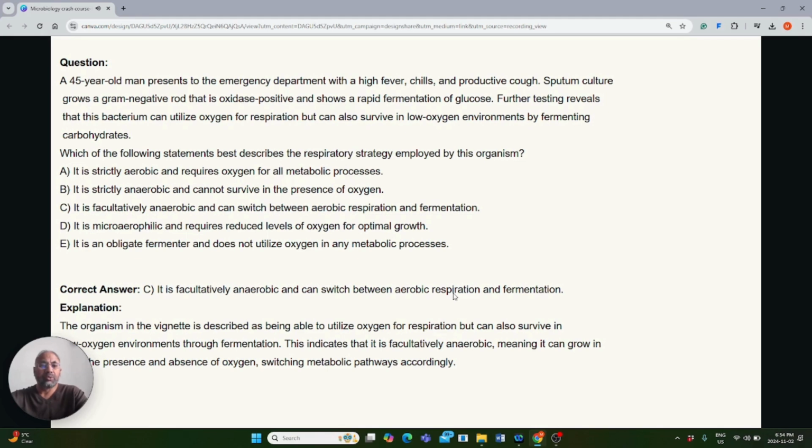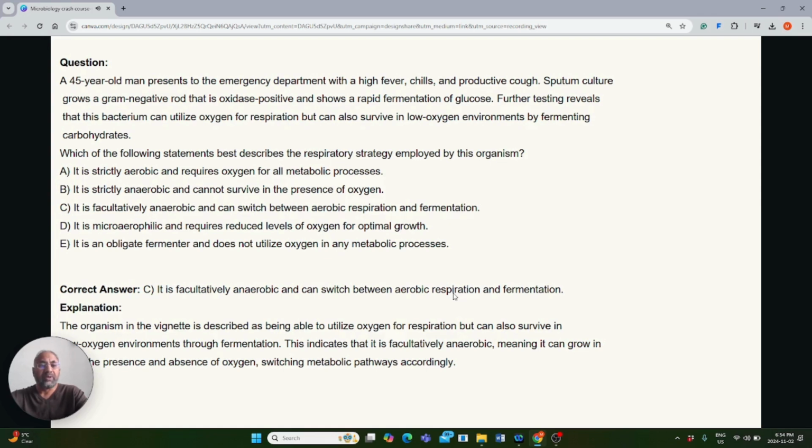So now coming to our choices. A: it is strictly aerobic and requires oxygen for all metabolic processes. This is probably not right, because it already says that it can survive both with oxygen and without oxygen. B: it is strictly anaerobic, which means that it cannot survive in oxygen, which is also not true here.